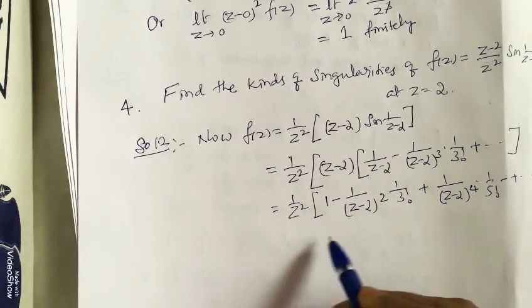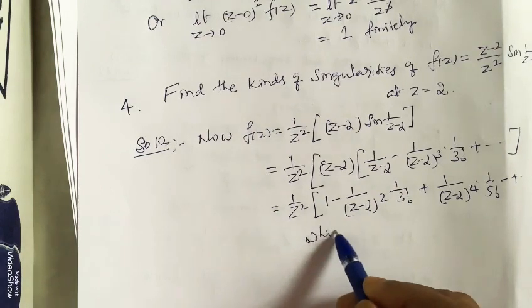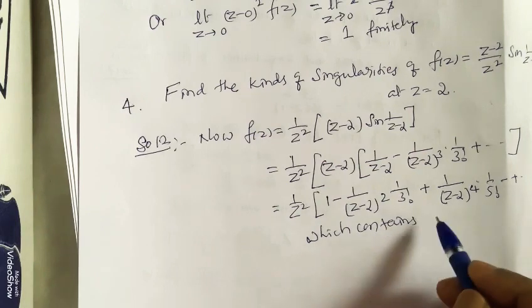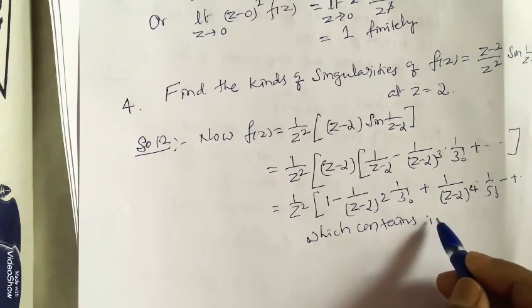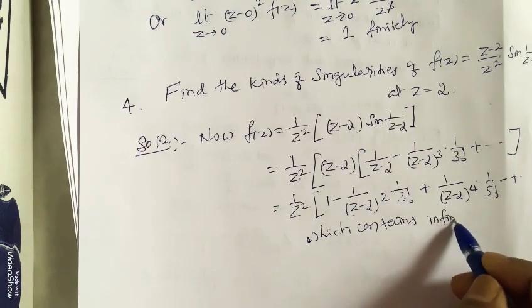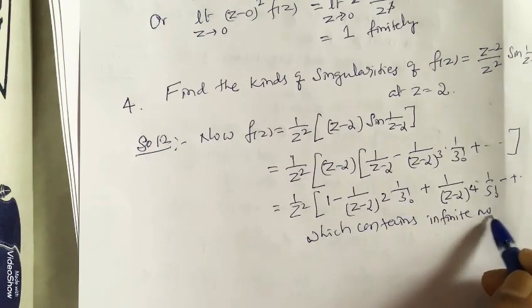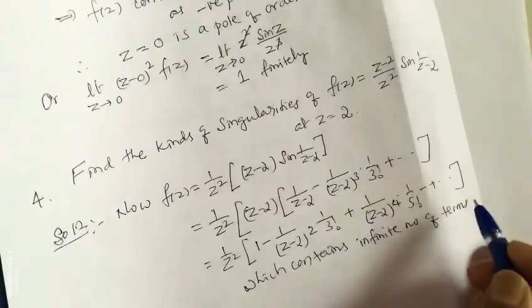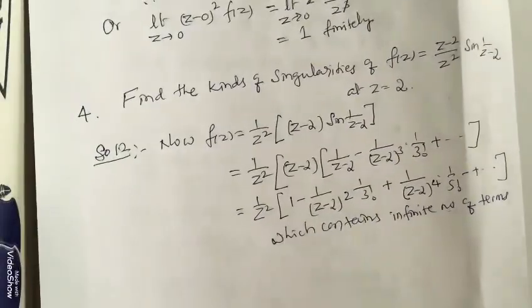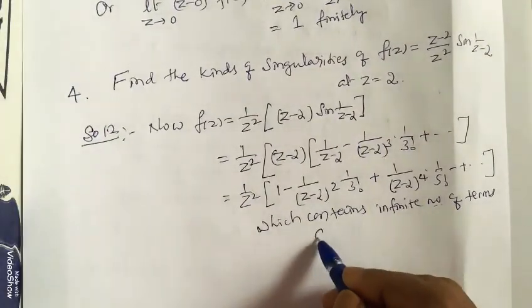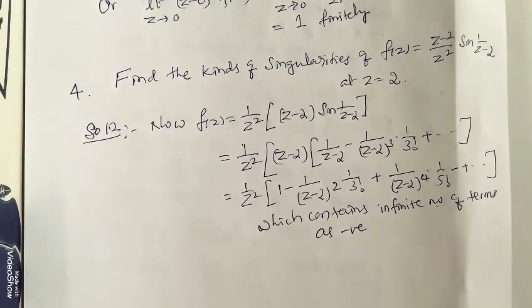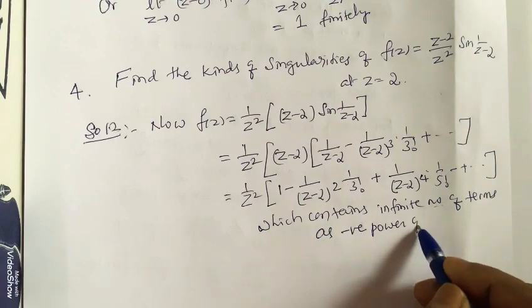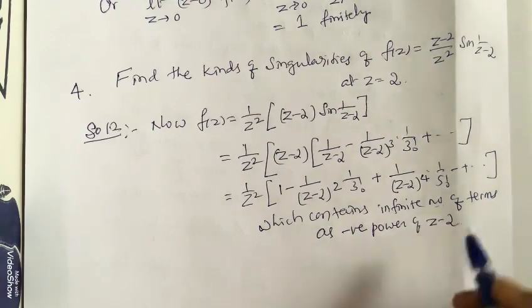Okay, so which contains an infinite number of terms as negative power of z − 2 here.